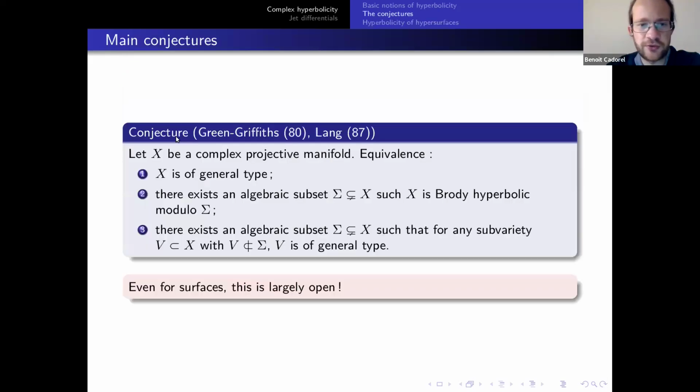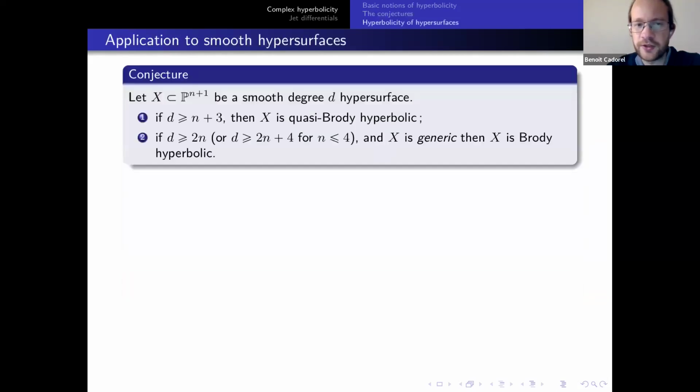Essentially, the third point here holds for very general hypersurfaces once you have these bounds. So that's why we expect them to hold. Also, we expect a property of hyperbolicity with respect to curves to hold as well.